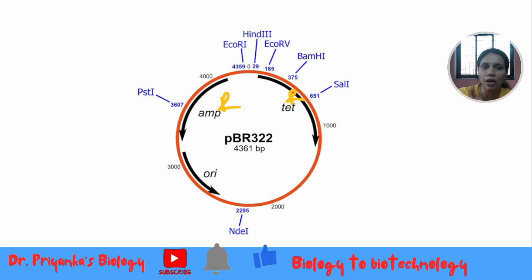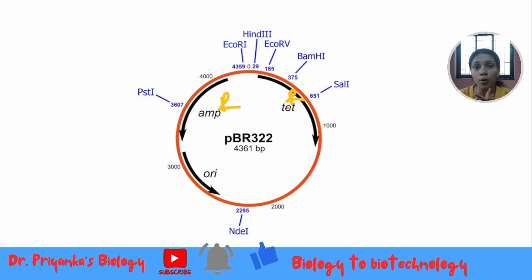So when we have the culture medium containing the two antibiotics, ampicillin and tetracycline, the sensitive ones will definitely die. That means the non-transformants are not going to grow. So the question of selection of transformants and non-transformants is over, because we have only the transformants.